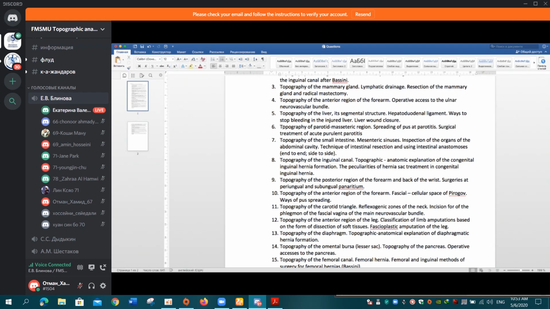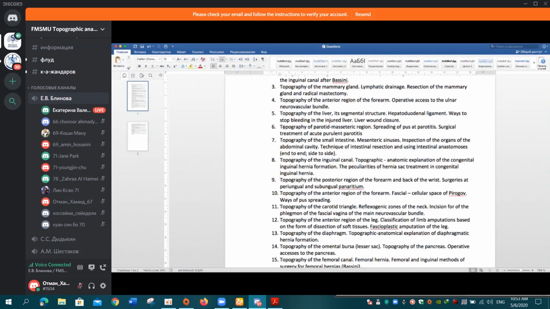The layers of the parotid masseteric region: skin, subcutaneous tissue, superficial fascia, proper fascia. The proper fascia covers the parotid gland, forms the capsule of the parotid gland, and covers the masseter muscle. After that, the bone and cellular spaces.